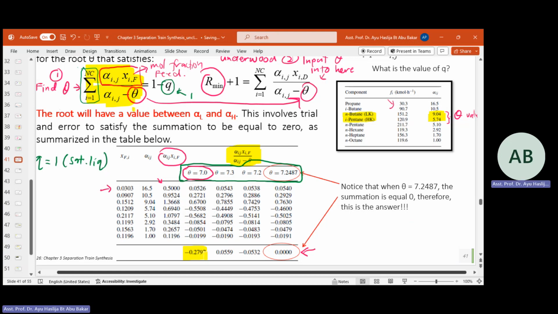Okay, the total value must be closer to 0. Because why? Because just now 1 minus 1 equals 0 from here. So we must find it closer to 0. The summation of the values over here must be closer to 0.